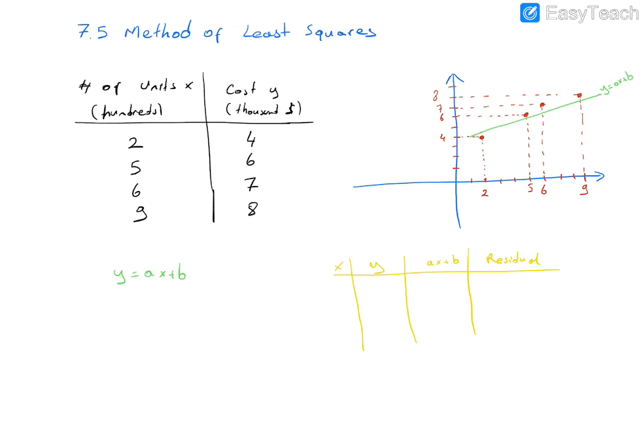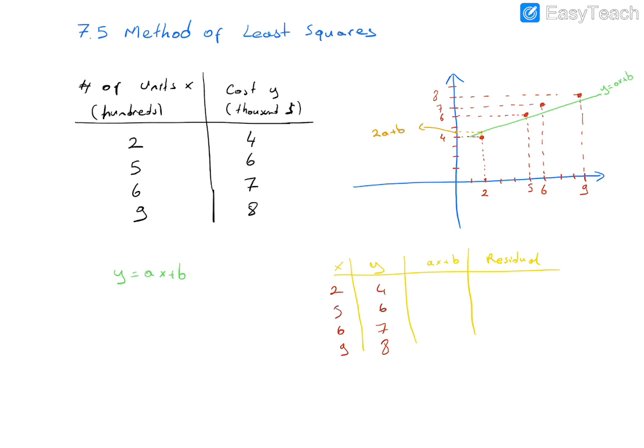So for x equals 2, y is 4 as its exact value; for 5, 6; for 6, 7; for 9, 8. For the line, for x equals 2, the value of the line is 2a plus b.